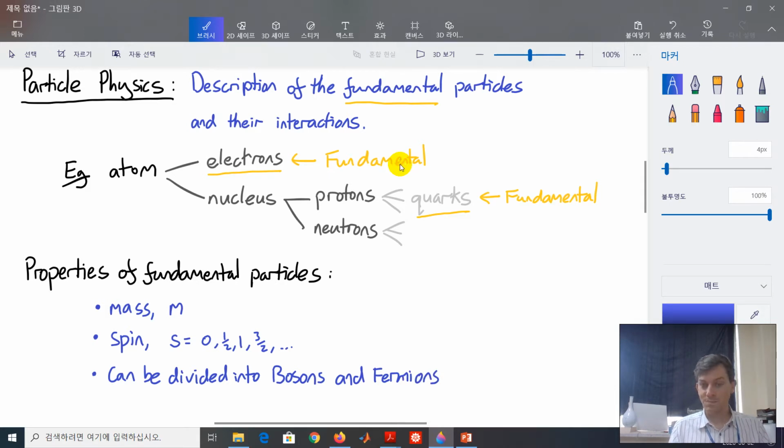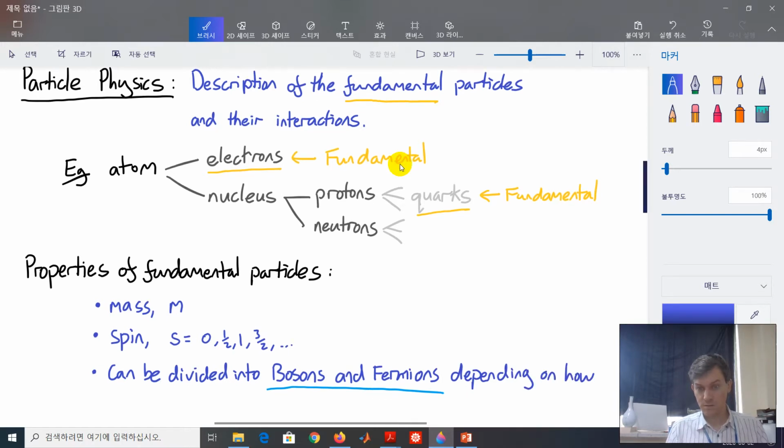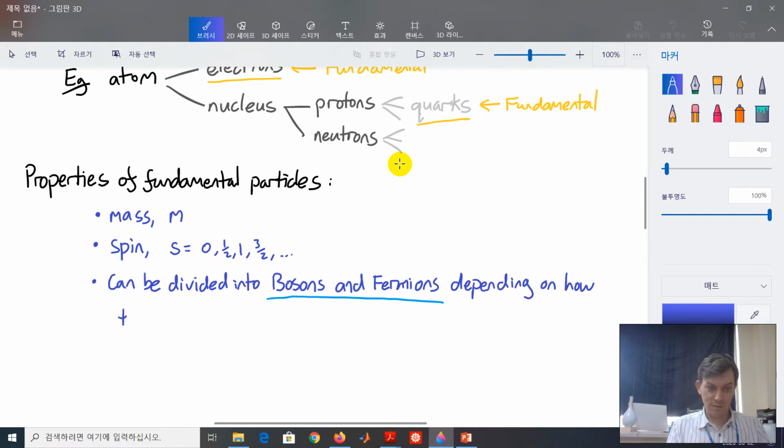This bosons and fermions distinction is the topic for this first lecture, and it depends upon how they interact with other particles of the same kind.